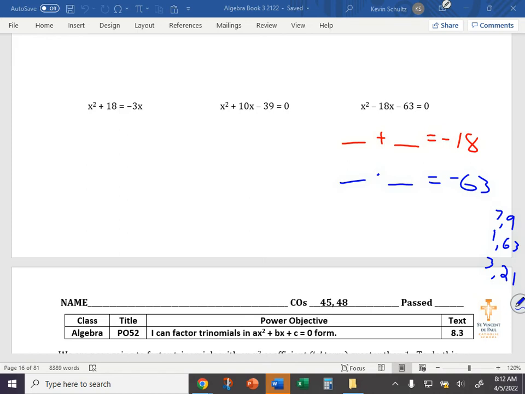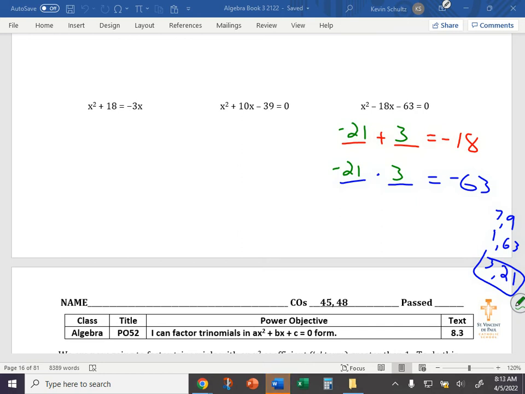The danger here is that you don't list all the potential factor pairs and test every option. 3 and 21's the winner because we can make negative 18: negative 21 plus 3, and negative 21 times 3 is negative 63. So that one does work out as well.